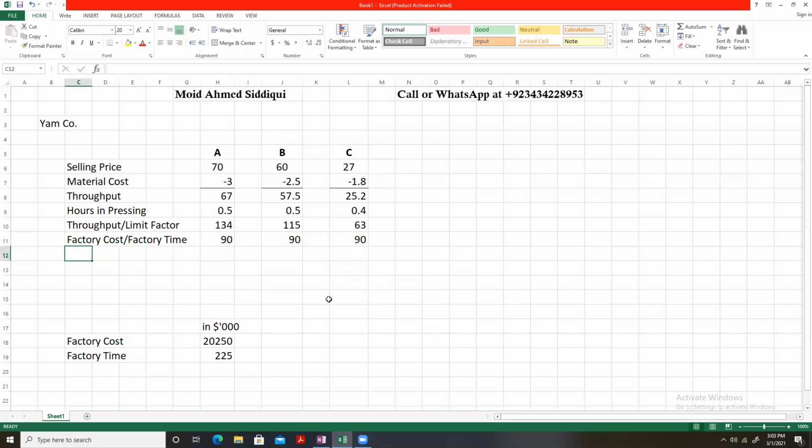Now, in order to find the throughput accounting ratio, we just need to divide the throughput per limiting factor by this ratio, factory cost per factory time.